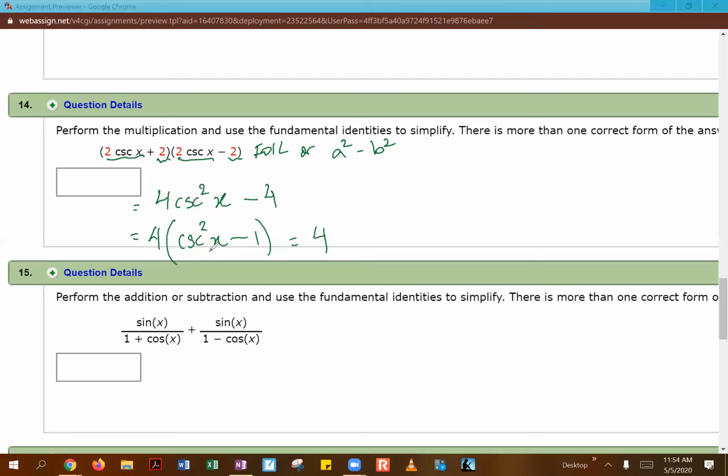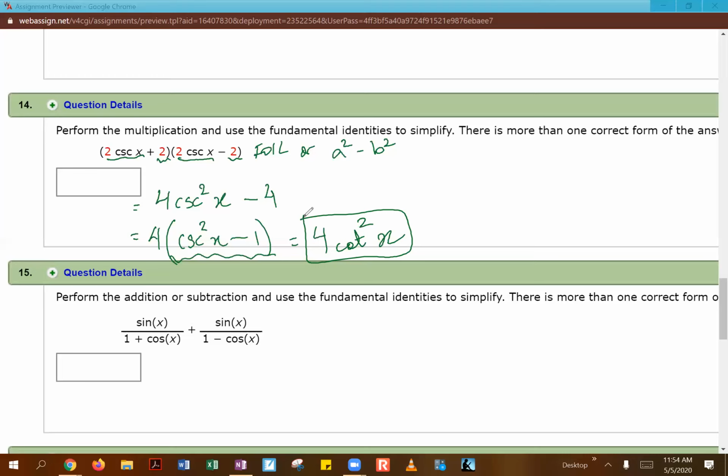Uh-huh, so what will we substitute this parentheses with? Cotangent? Okay, and what will it be? Cotangent squared of x. Yeah, and of course, this one you don't have a square root or anything, so you don't have to worry about reducing this down. That's how far you'll be able to go. Cool.